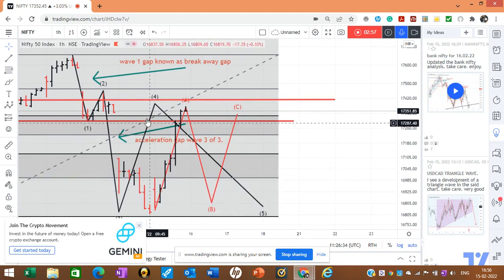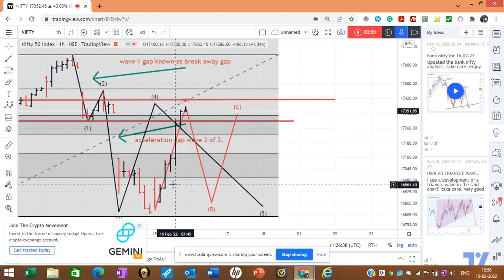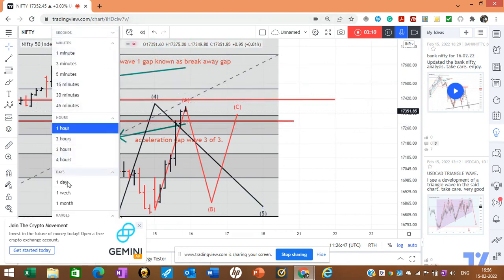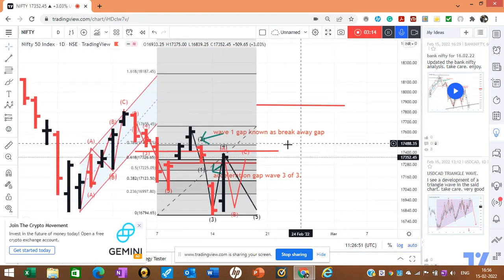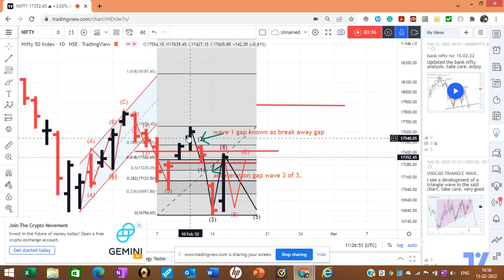But when I look into the price action on an hourly chart, I see that the wave 4 has already breached the price action of the first wave. But on a daily chart, it's a different story. You see, in a daily chart, I don't see a breach.